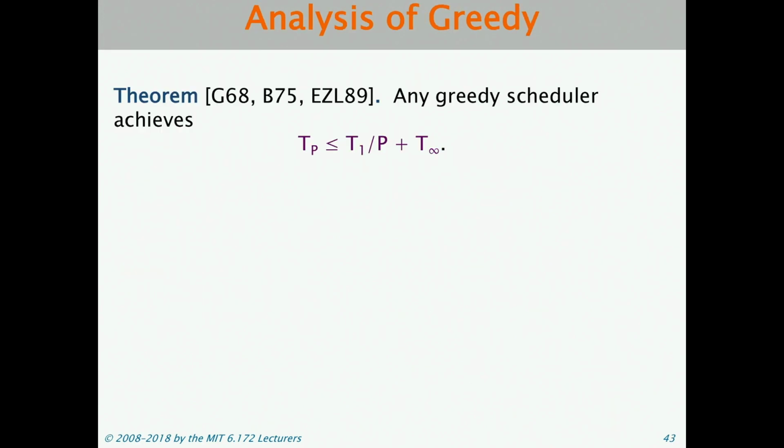There's a famous theorem, first shown by Ron Graham in 1968, that says that any greedy scheduler achieves the following time bound: T sub P is less than or equal to T1 over P plus T infinity. You might recognize the terms on the right-hand side. T1 is the work, and T infinity is the span that we saw earlier.